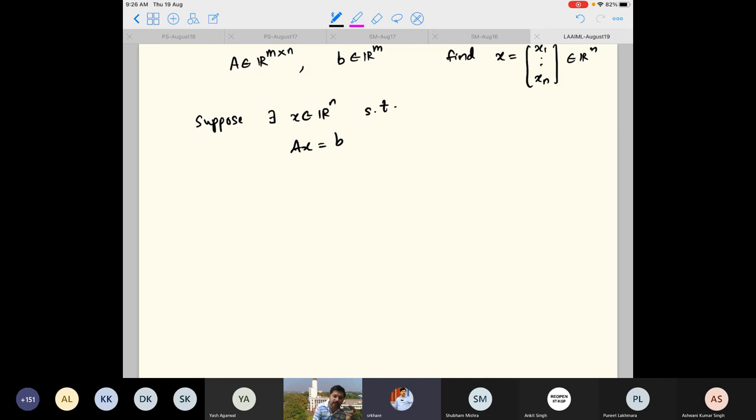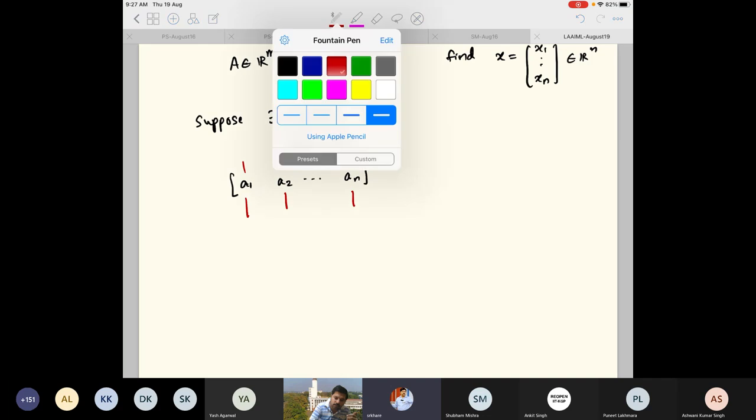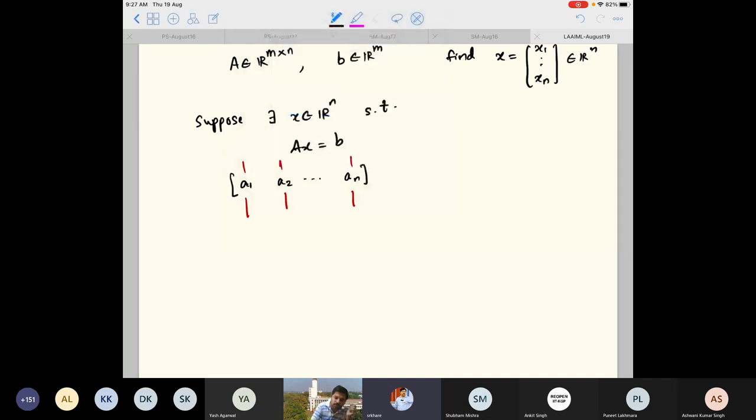So how I write this A is really critical. Suppose I write A as small case letters A1, A2 up to An. These are basically the columns, so A1 is the first column. This is what the matrix A really looks like.